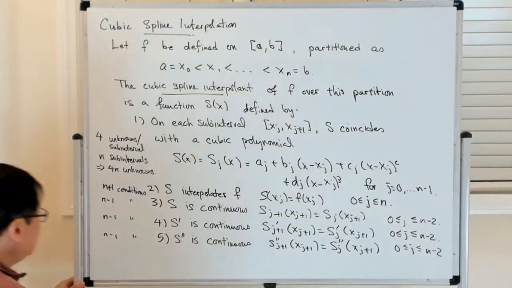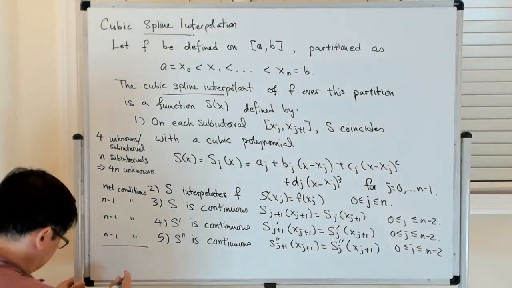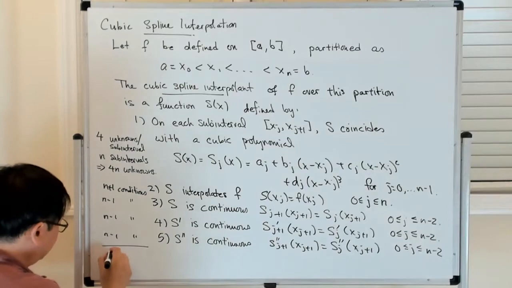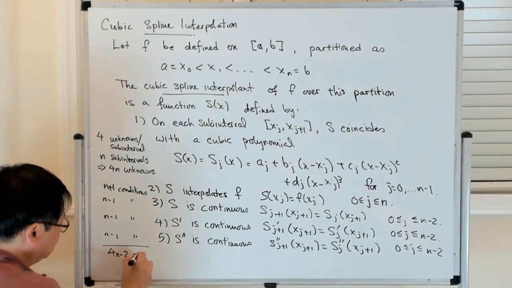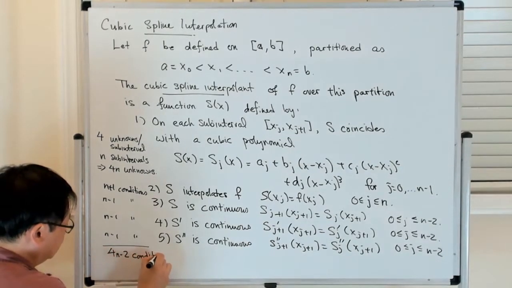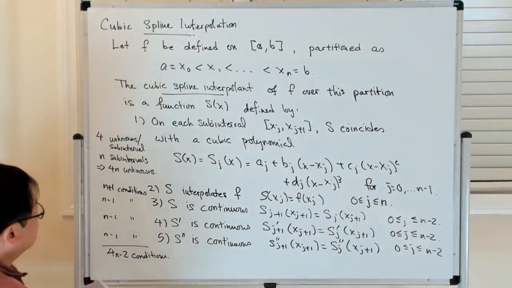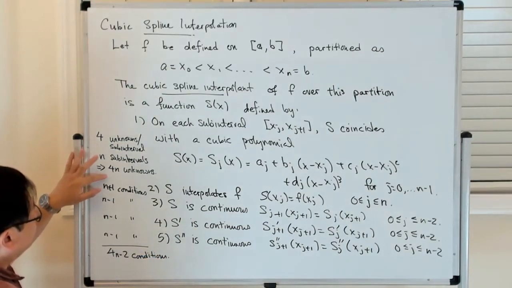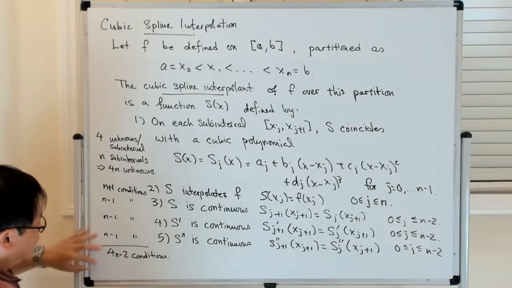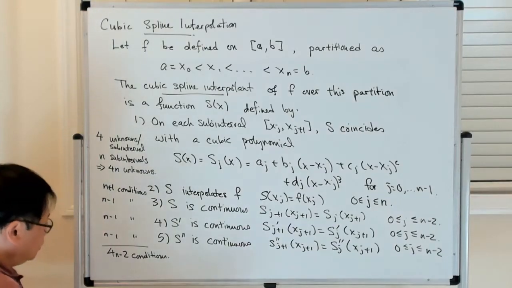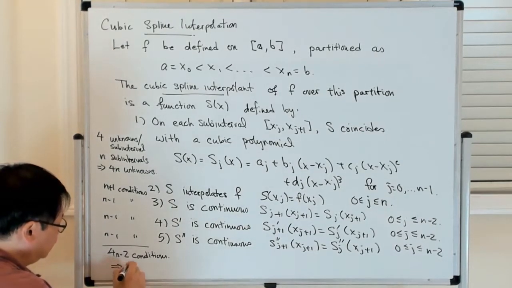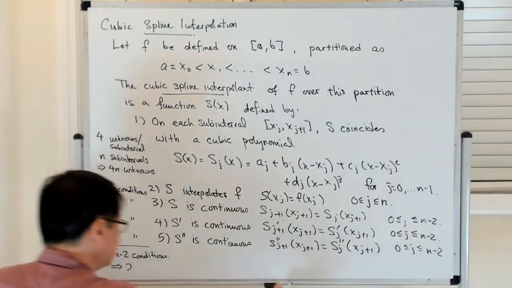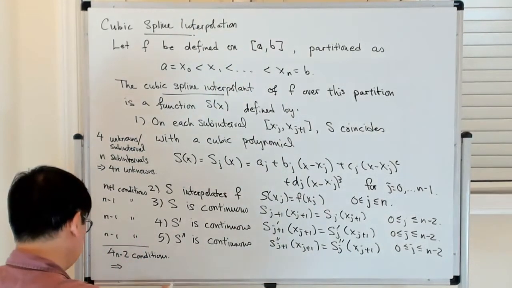So that sums up to 4n minus 2 conditions. So you have 4n unknowns and 4n minus 2 conditions. You can observe that you need 2 more conditions to close the system.